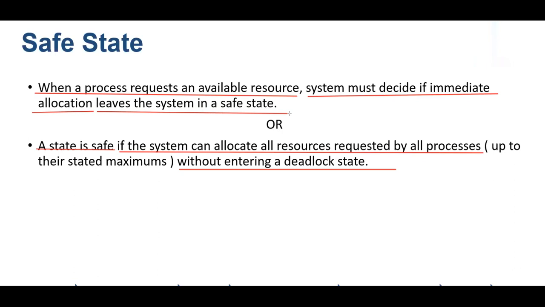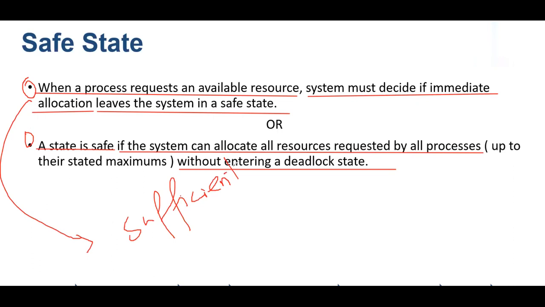But when the system is not facing a lack of resources, it means that the system is in a safe state. So the conclusion is that when the system has a sufficient amount of resources and can satisfy the requests of processes, our system will remain in a safe state. But if the system doesn't have a sufficient amount of resources, then it is possible our system will go to the deadlock state.